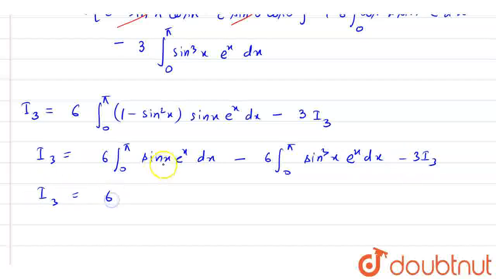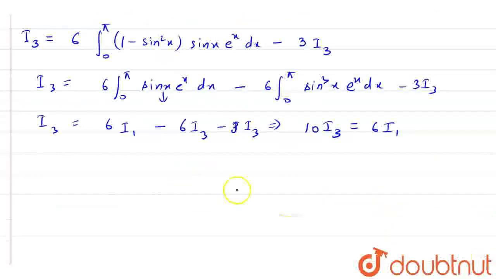Now this is I1 because the power of sin x is 1, so I can write it as 6 I1 minus 6 I3 again minus 3 I3. Overall we have minus 9 I3, and if I take it to that side we have 10 I3 equals 6 I1.